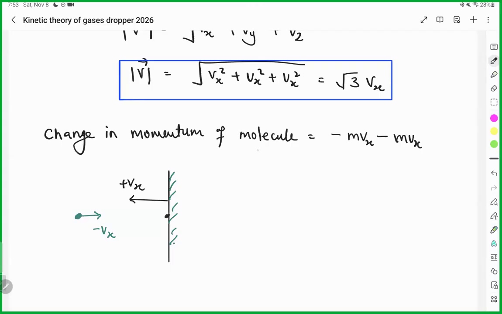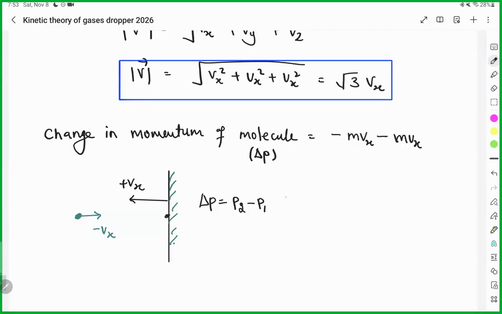And you have to calculate the change in momentum. How to calculate the change in momentum?